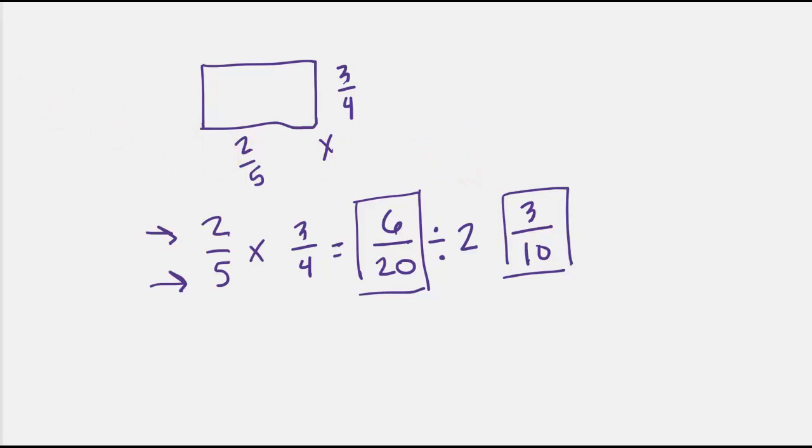And I'll do one more. Let's look at 7/10 times 3/2. So I'm going to do the same thing, but I realize that I have an improper fraction here, and that's okay.